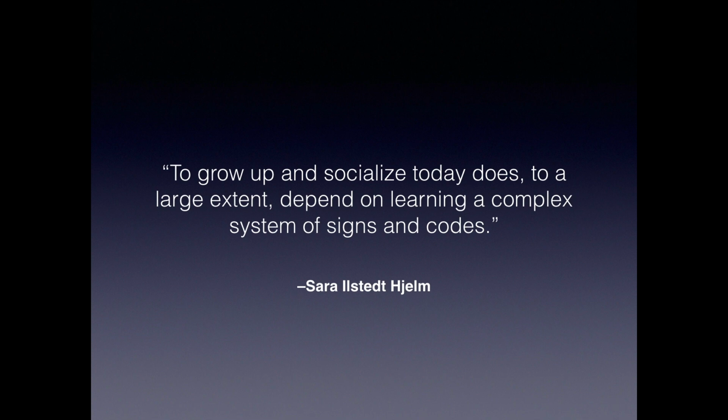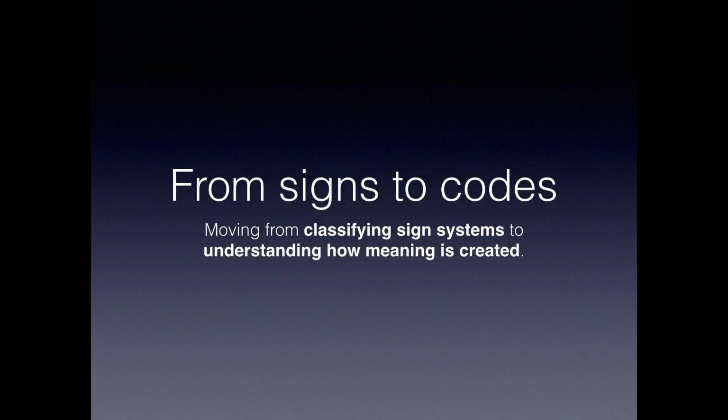So as we've done a number of times, we're moving in this class from looking at individual signs that we still need to talk about and identify, classify, discuss what they mean, but more importantly, to understand how meaning is created. Because really, what semiotics is about is the transference and maintenance of systems of meaning, which for us are essentially going to be signs and codes.